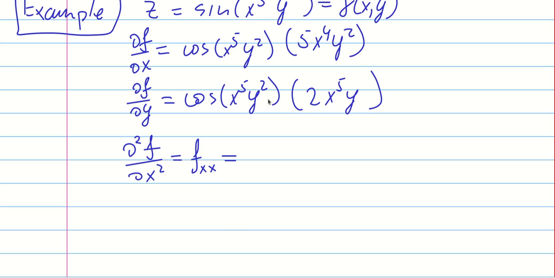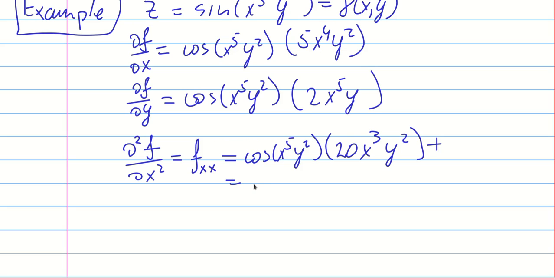Basically we take this function and we use the product rule. So it's going to be cosine of x to the 5 y squared, then we'll have 10x to the 4 y times 2x to the 5 y, which gives 20x cubed y squared.